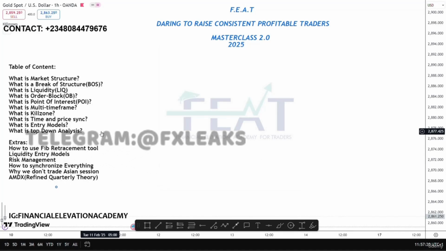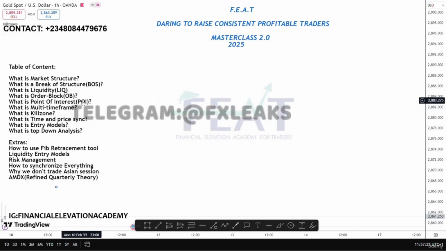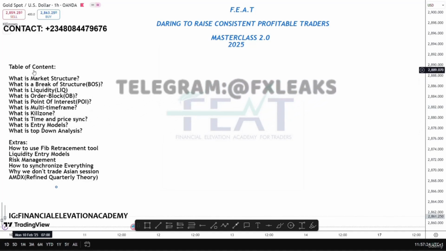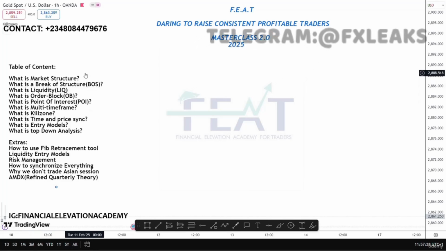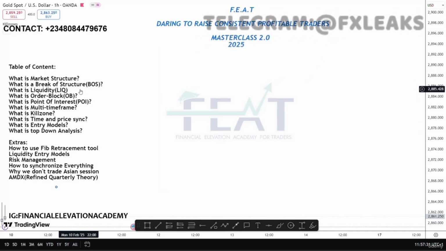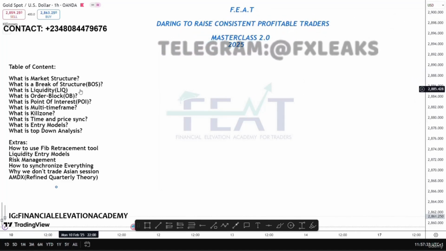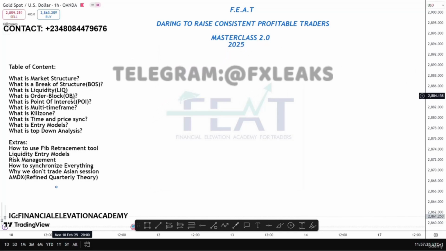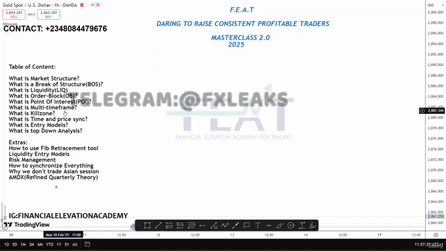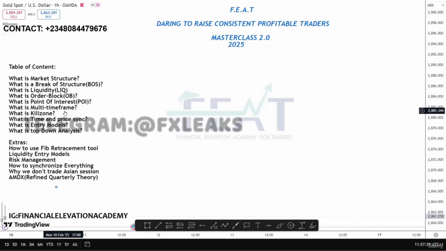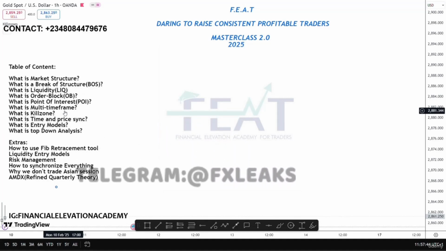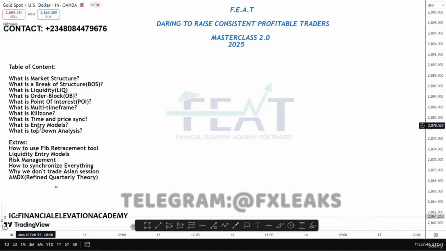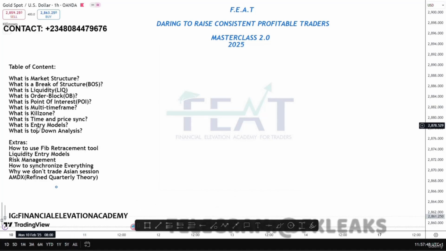So as you can see on our far left table of contents, we'll be teaching you what is market structure, what is a break of structure, what is liquidity, what is an order block, what is point of interest, what is multi-time frame, what is kill zone, and then what is time and price synchronization, and what is the entry models, and how to approach the market entering it.